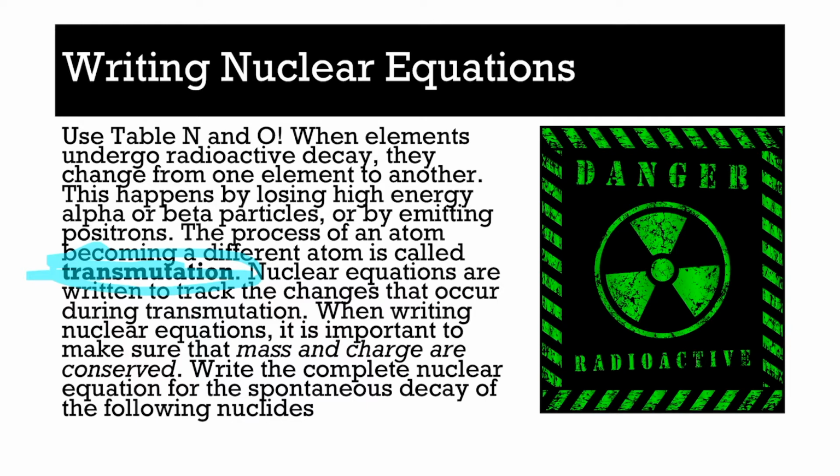Table N and Table O are the go-to reference table sections for this unit. Table N, we're going to work with more towards the end of the week as well. It tells you the half-life of something, which is later in the week's topic, and what kind of decay mode it goes through. Table O tells you what that specific particle does, like the mass and the charge of that particle.